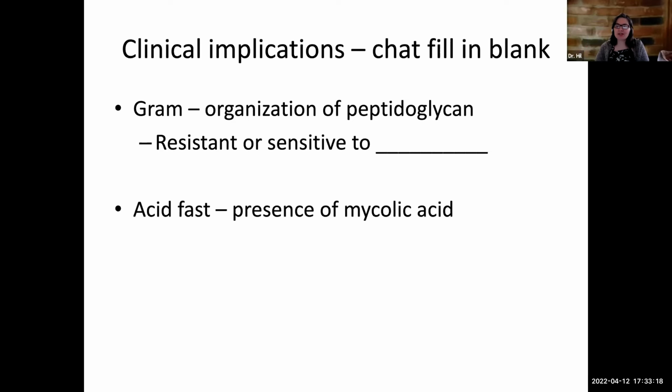A couple of you have it. Let's see if everyone can get there. Yeah, resistant or sensitive to penicillin. Not resistant or sensitive to all antibiotics, but specifically to penicillin.